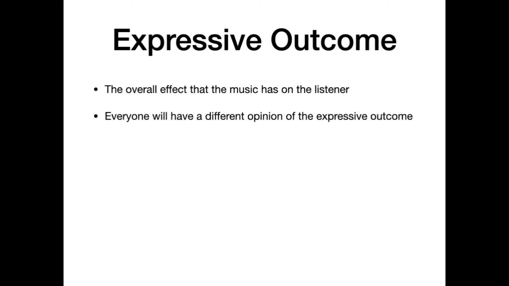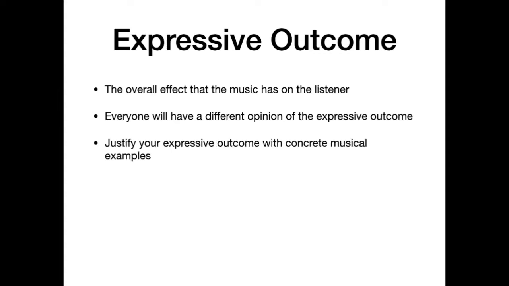Always, when we analyze music, we are looking for the expressive outcome. What is the purpose and what effect does it cause? So, what is it? It's the overall effect that the music has on the listener. Everyone will have a different opinion of the expressive outcome, and that's perfectly fine, as long as you can justify your expressive outcome with concrete musical examples.